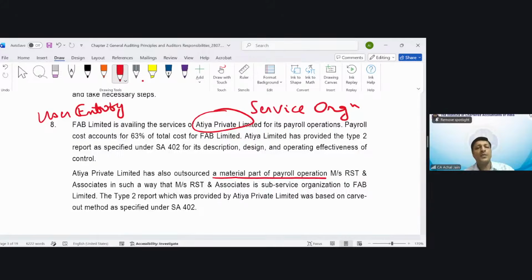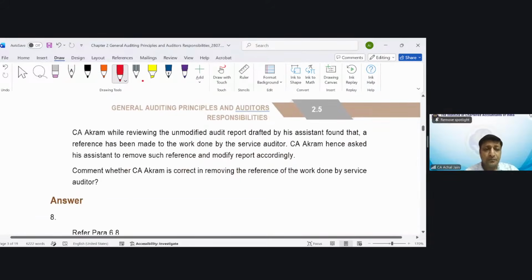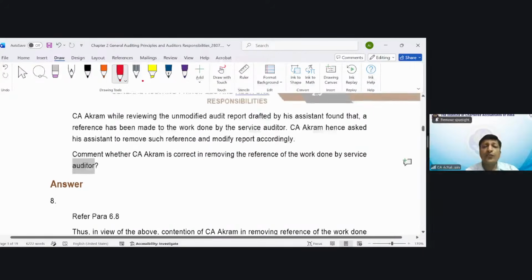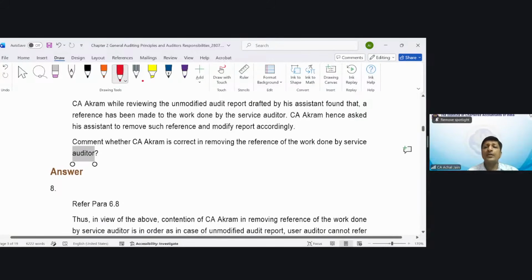Right? Now, CA Akram, while reviewing the unmodified audit report drafted by his assistant, found that a reference has been made to the work done by the service auditor. Okay.